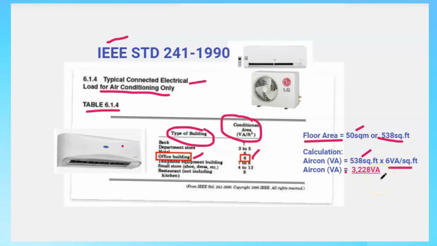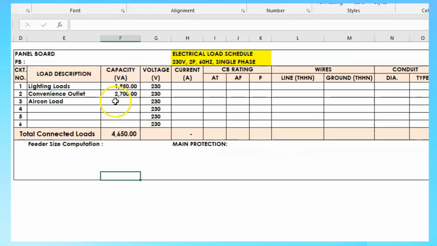So that is our estimated aircon load for our office area. So okay, it is 3,228. So let's plug this into our load schedule. 3,228. Okay, so we have outlet, lightings, aircon load.